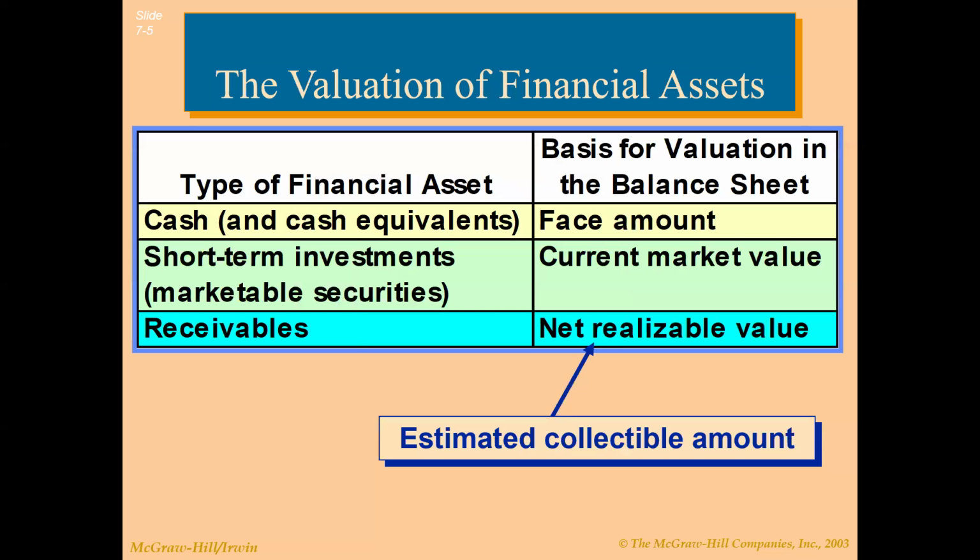If we are talking about cash, its valuation is face amount. Like if we have 1,000, it means that we have 1,000. While short-term investment, like marketable securities, is judged by its current market value.